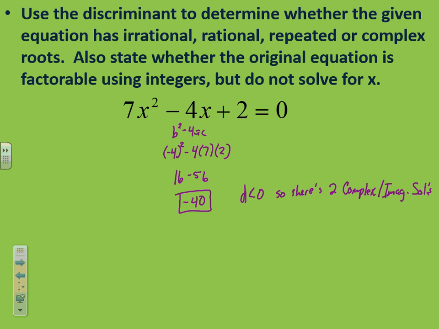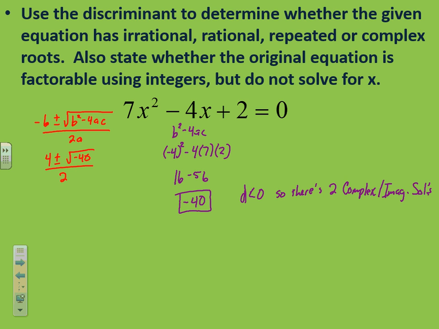So here we're going to say the opposite of b plus or minus the square root of the discriminant, which is b squared minus 4ac, over 2a. Well, we don't have to do all the work because we've already figured out what the discriminant was. So the opposite of b would be a positive 4 plus or minus the square root of negative 40.